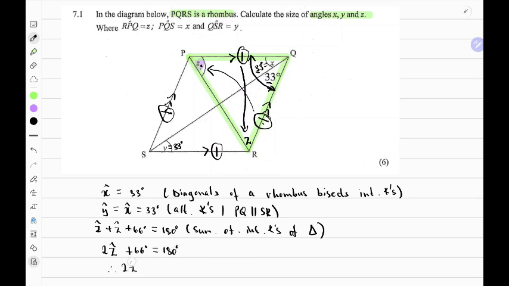Therefore 2Z equals 180 degrees minus 66 degrees, which equals 114 degrees. Therefore angle Z equals 114 degrees divided by 2, and this gives us 57 degrees.